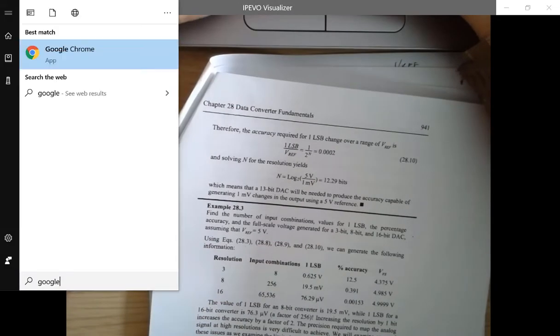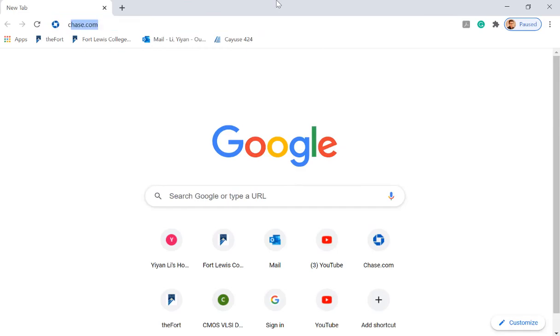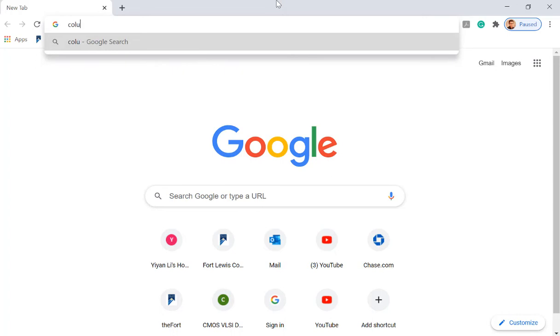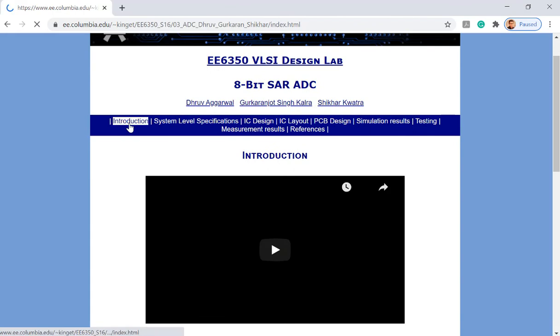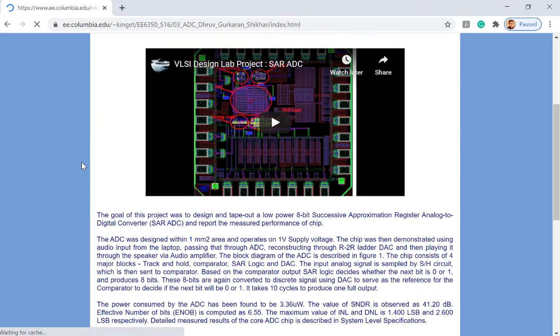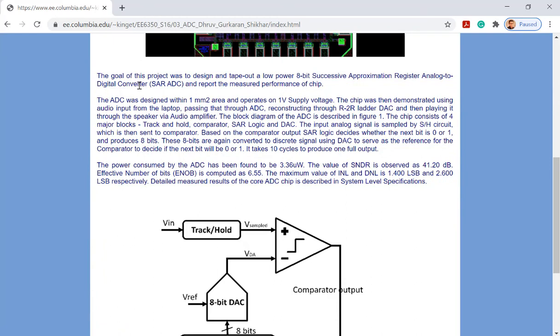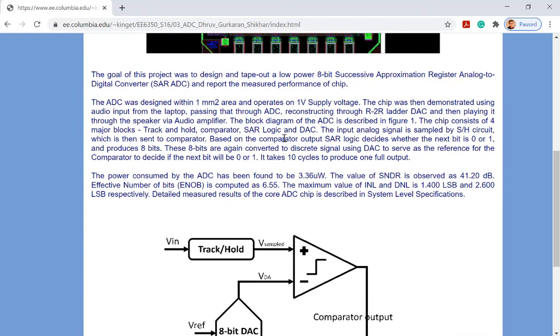So for example, if we take a look at this website, if you look at the introduction, they let you know their students have made an ADC in their lab, and the maximum value of INL and DNL is this, right?